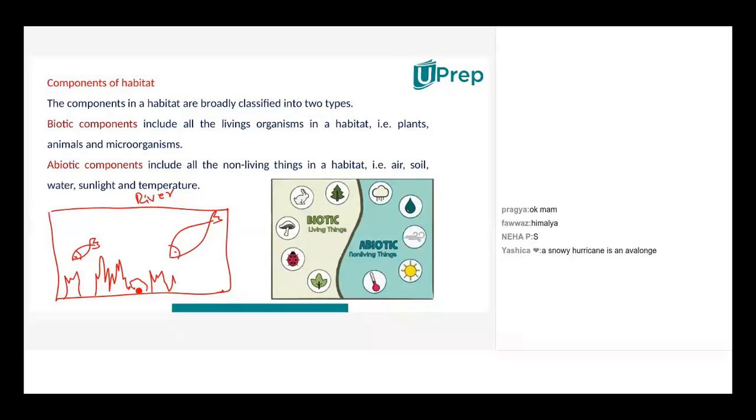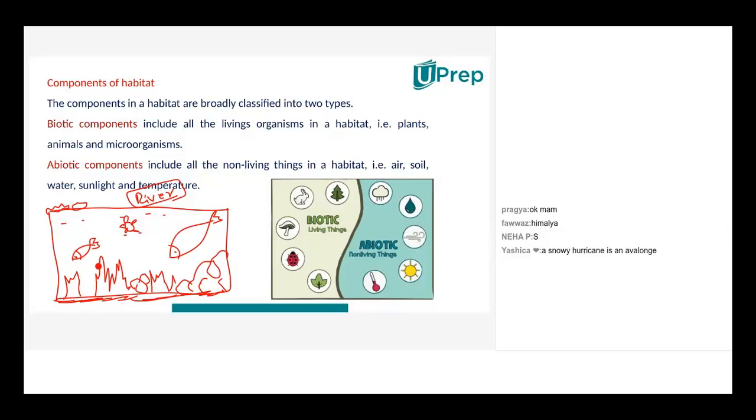There would be rocks, pebbles, some big rocky areas also, which is very normal in a river. Here it would be either silt or sand at the base of the river. Of course, there would be water, right? There would be certain algae floating on the surface of the river, right? There would also be a cute little turtle happily swimming across, right? So this is like a picture of a complete river.